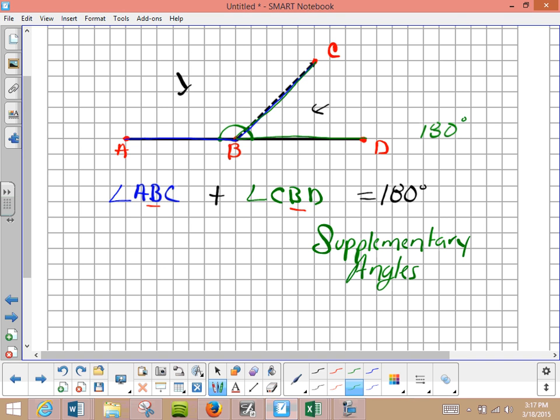Two angles whose measures, whose degrees add up to 180. I'm not saying one angle, I'm not saying 3 or 4 or 5. I'm talking about two. So I can say that those two angles are supplementary because they add up to 180.